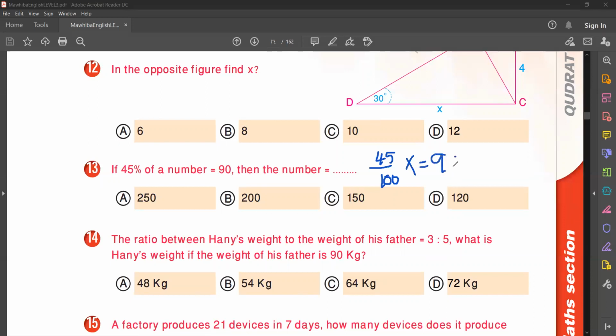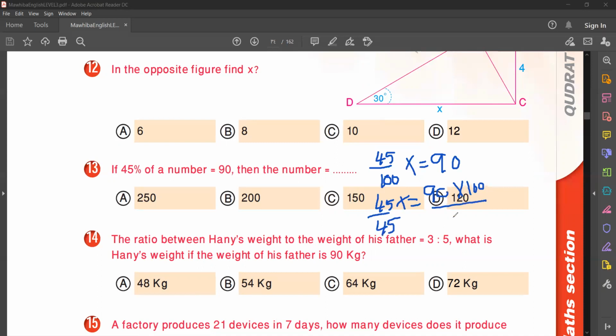So what is the number here? You multiply it: 45x equals 90 times 100, right? And divided by 45.